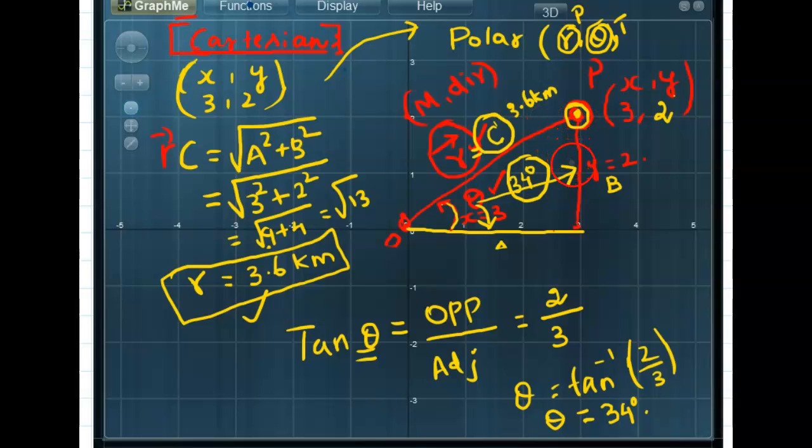So this is how it works. So we have now changed the Cartesian coordinate system to the polar coordinate system.